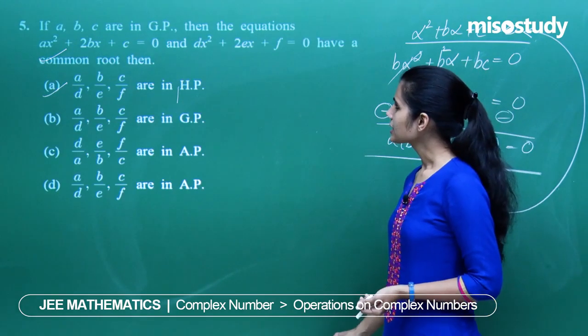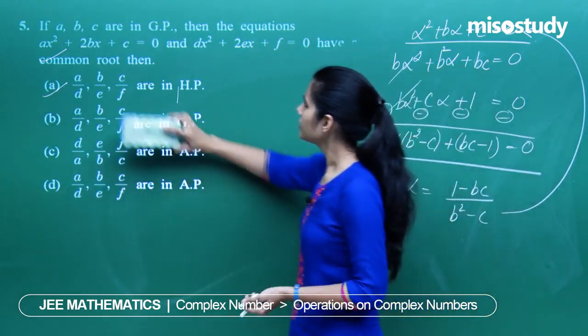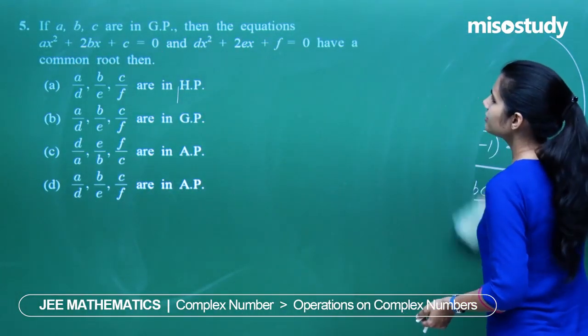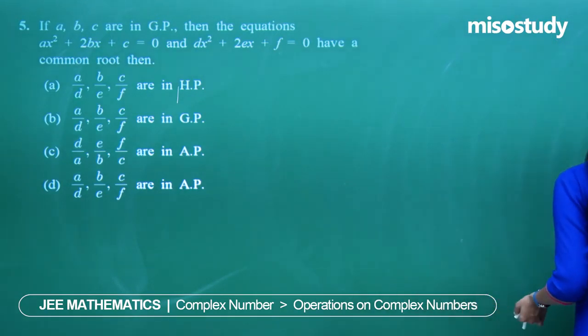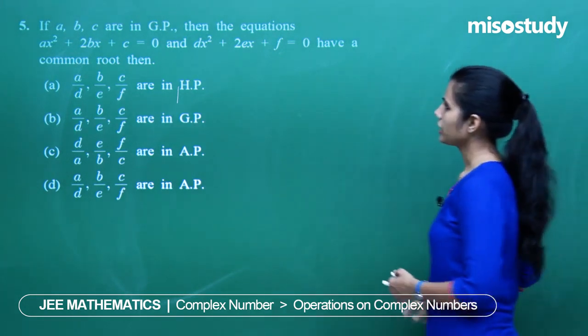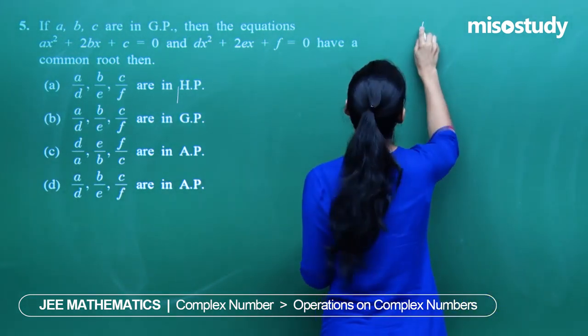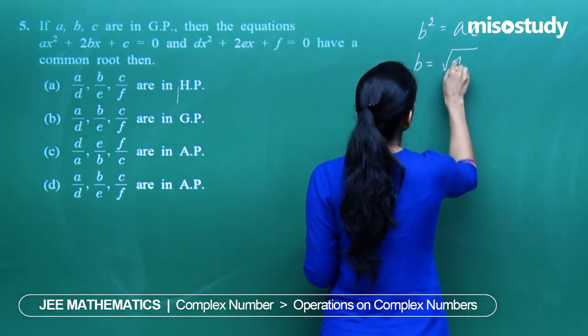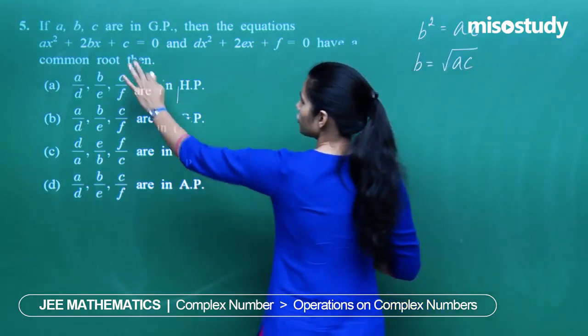Now when I move ahead with the next question, we have A, B, C are in GP, then the equations this and this have a common root. Then what happens? Okay, so A, B, C are in GP, so you have B square equals AC, or B is root AC. So this equation becomes what?